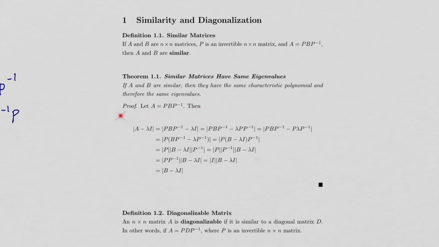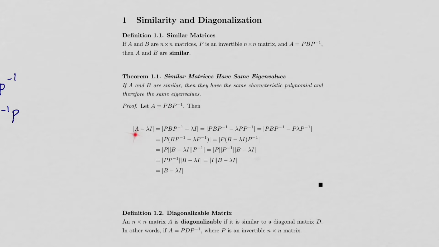Okay, the proof of this first theorem is very straightforward and just relies on the definition of similar matrices and the properties of determinants. Since one of the conditions of the theorem is that A and B are similar, we know that this matrix P exists such that A is equal to P B P inverse.